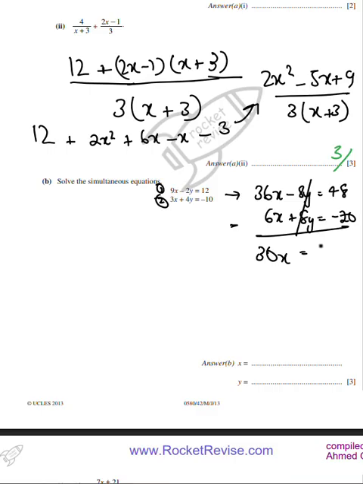What does this become? 48 minus 20? 58. 68? Think again. Be careful, be very careful.